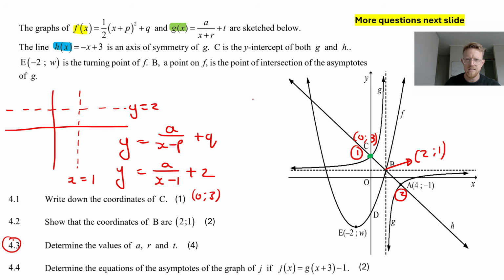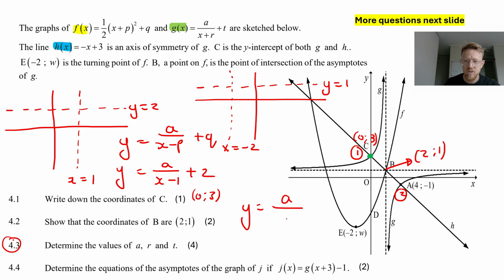Okay? Here's another example. If you have a scenario like this, and maybe like this, then if this is y equals 1 and this is x equals minus 2, then in that scenario, this graph has moved 2 places to the left, so you would say x plus 2.